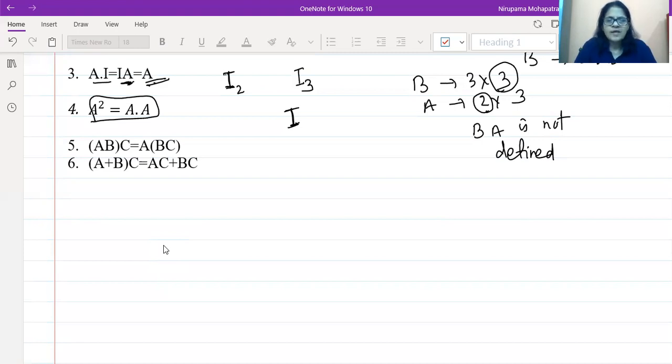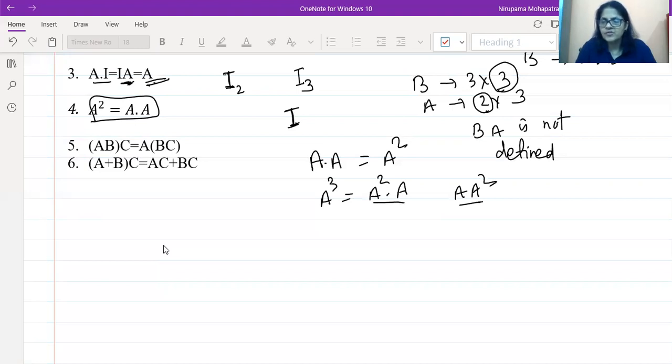Whenever we say A square, it should be A into A. Similarly, if you want A cube, it should be A square into A, or you may write A into A square, provided the multiplication is defined. It will be defined, but you have to check it.